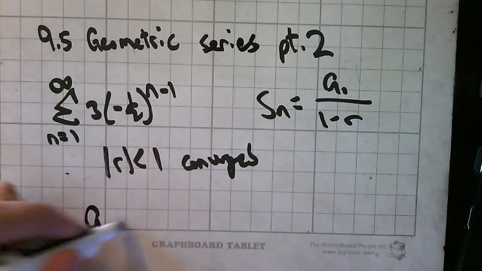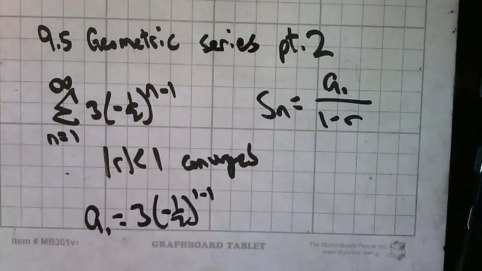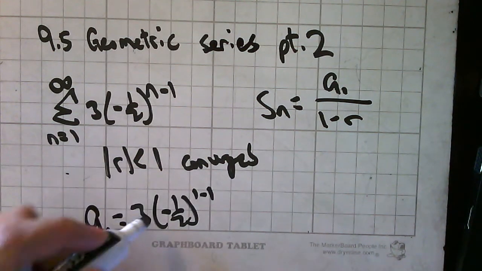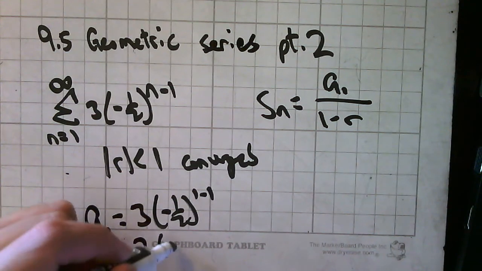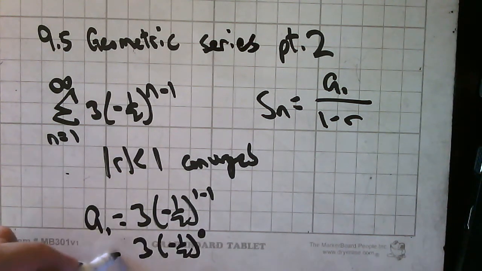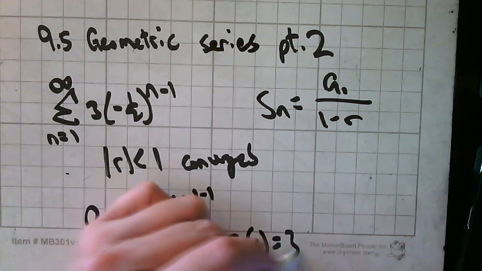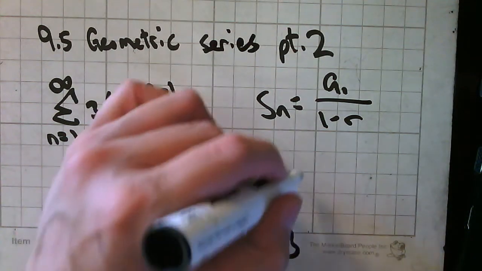So we got a1 equals 3 times negative 1/2 to the 1 minus 1 for a1, and anything to the 0 power becomes 1. So your first term is just 3 in this case.